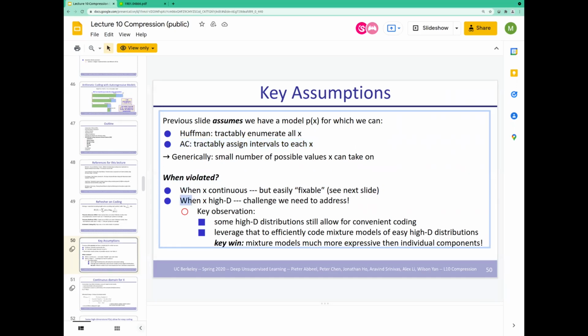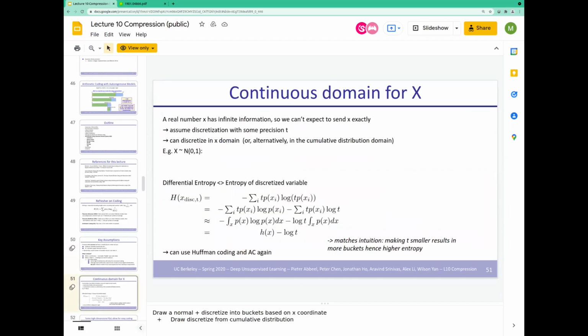And when x is high dimensional. These are the two cases: when it's continuous and when it's high dimensional. Okay, let's look at how to deal with continuous ones.